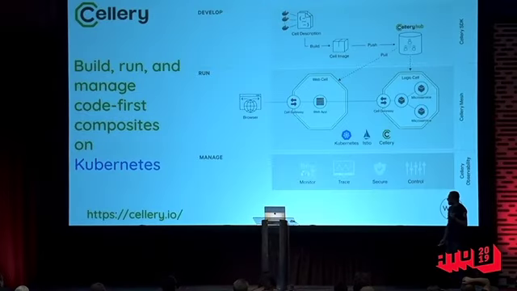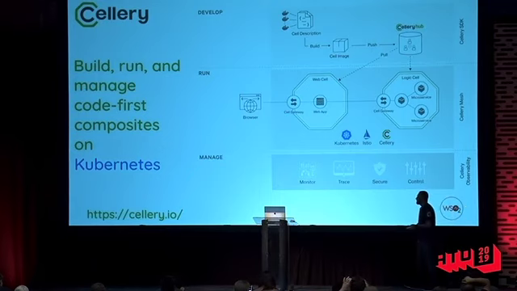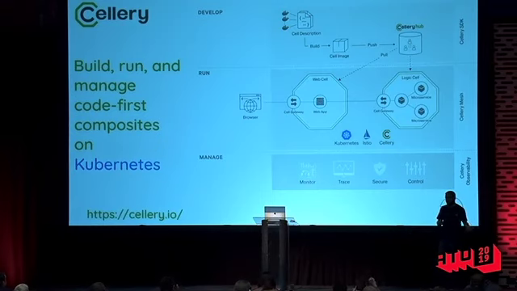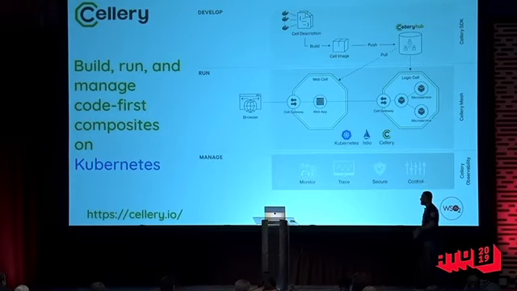Then we introduced this new project called Cellery. Cellery is basically a reference implementation of cell-based architecture targeting Kubernetes. In future, we are planning to target other infrastructures, but this project is mainly targeting Kubernetes. Basically, it has three layers. You have a management layer where you can monitor, trace, and secure this stuff.